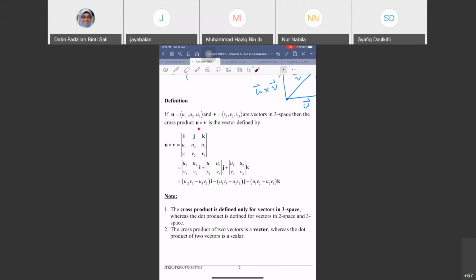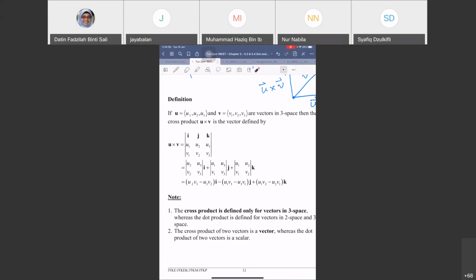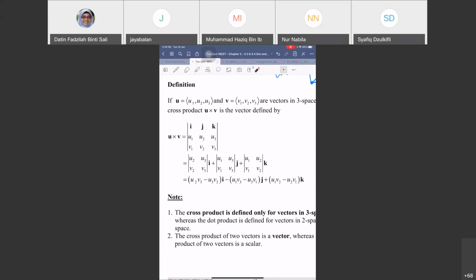So that's why when you look at this cross product here, the way you find the product is basically using a 3x3 determinant. Let's say you are given vector u with components u1, u2, u3, and vector v with components v1, v2, v3.